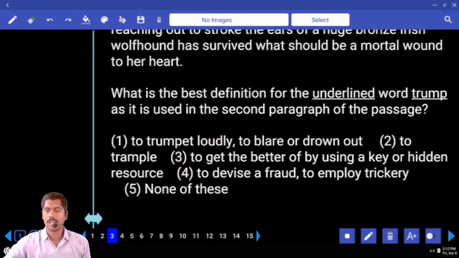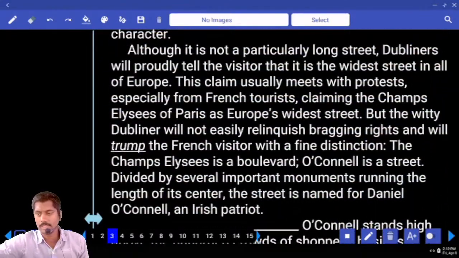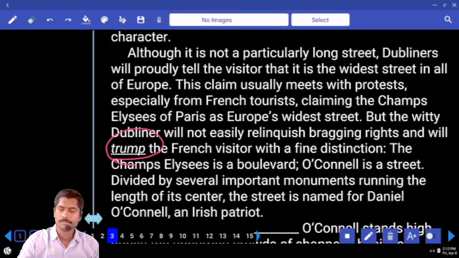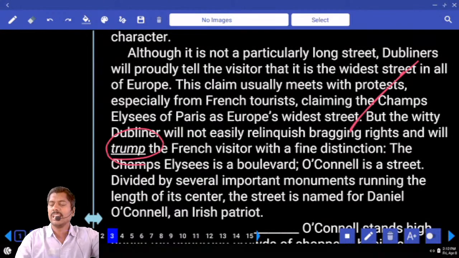Underline trump. Not Donald Trump, another trump. Witty means intelligent. Witty Dubliner: the people who live in Dublin are called Dubliners, like the people who live in India are called Indians. The witty Dubliner will not easily relinquish.